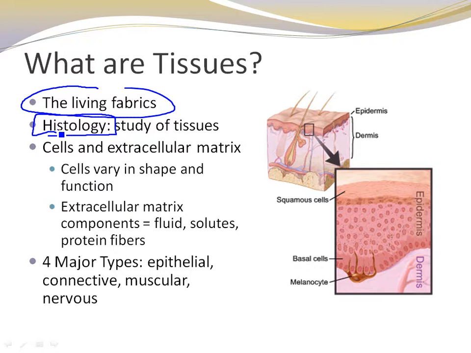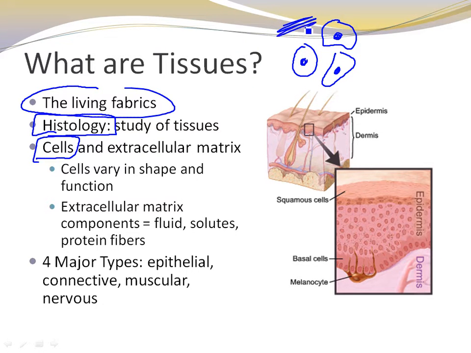What are tissues? What are they composed of? Well, as I mentioned already, tissues are composed of groups of cells that function together. Here's a cell, here's a cell over here, here's a cell over here. In a tissue, those cells are not just hanging out in a dry environment. You learned about that in Unit 1.